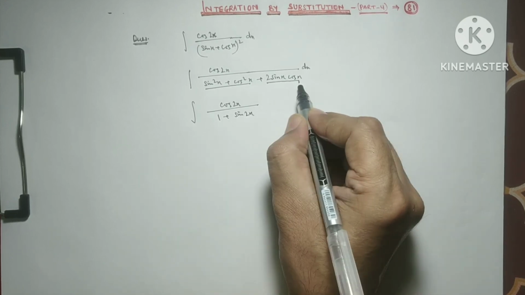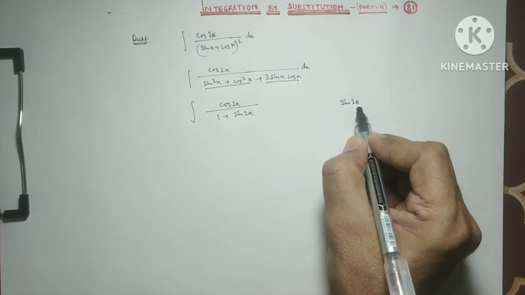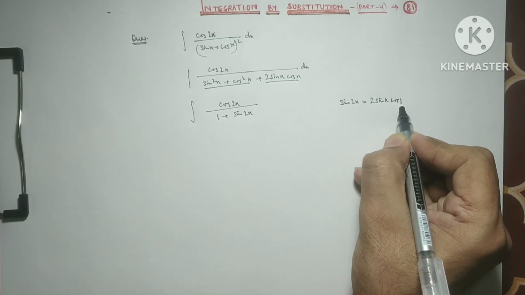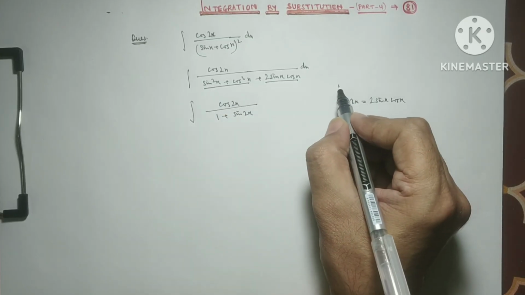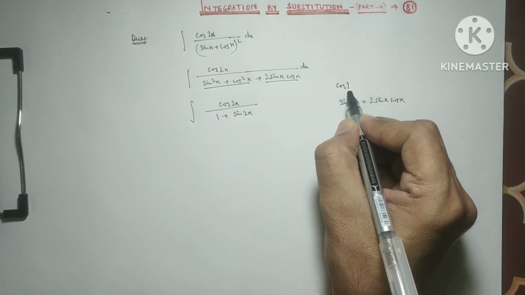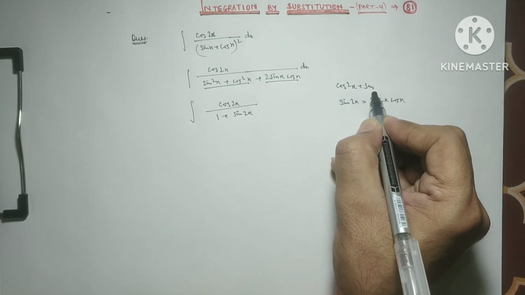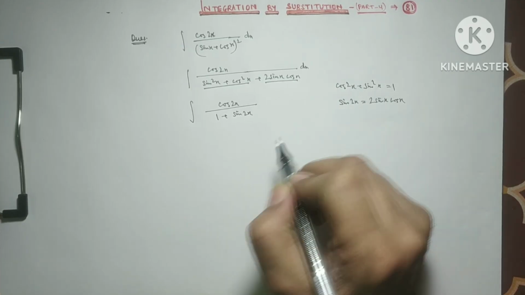This is the formula of sin 2x, and this is 1, cos square x plus sin square x equals 1.